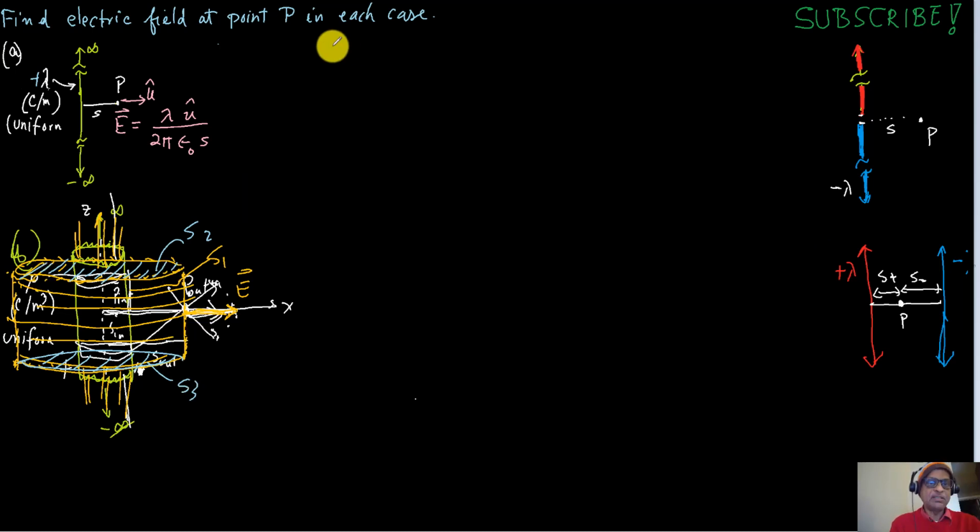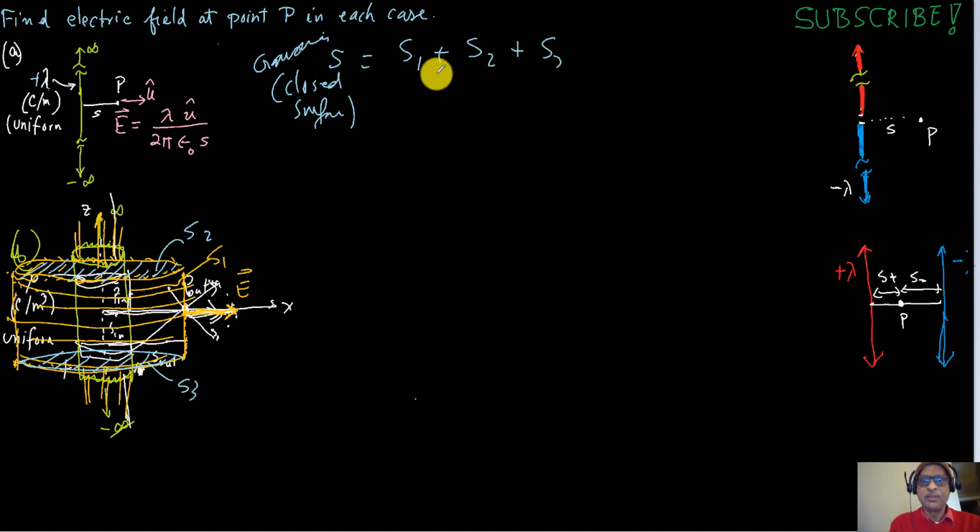So the Gaussian surface S, which is supposed to be a closed surface, will be the union of these surfaces, right? For S1, what we find is the electric field is parallel to the normal, which is coming out from inside.